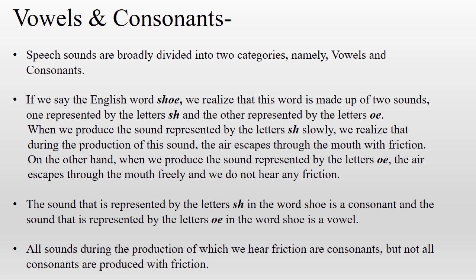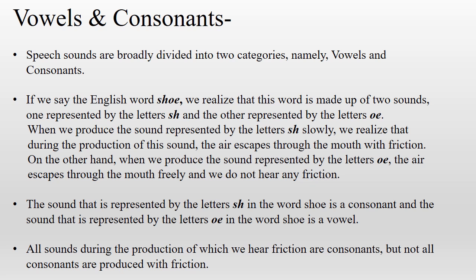When we produce the sound represented by sh slowly, we realize that during the production of this sound, the air escapes through the mouth with friction. On the other hand, when we produce the sound represented by the letter u, the air escapes through the mouth freely and we do not hear any friction.